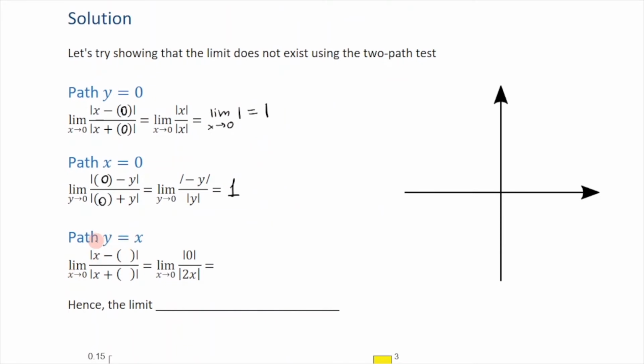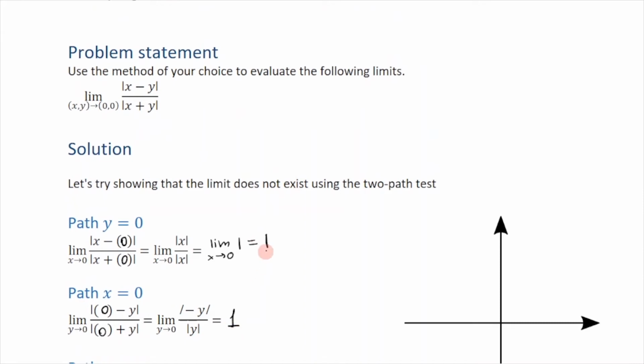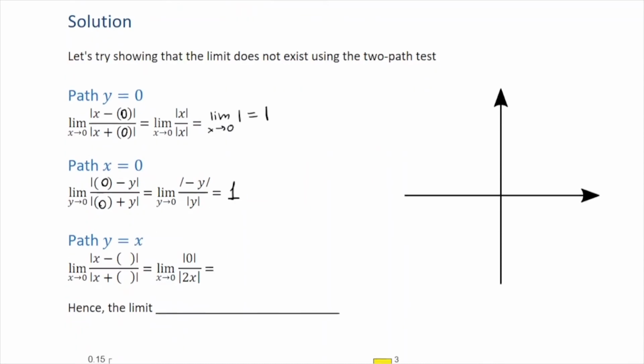By the way, the reason I'm trying y equals x is because I keep getting 1 here, so I want to do something else. I looked at this and thought, okay, how do I make it something else? Let's say 0. Well, a way to make it 0 is to make this guy cancel. So x equals y, which is exactly the path I'm trying here.